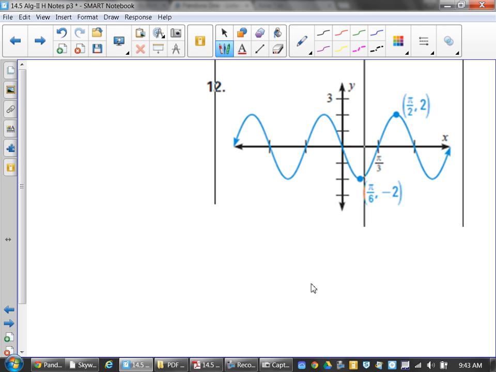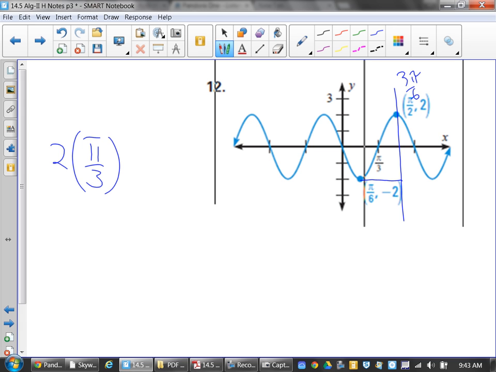So we want to figure out how far apart is 1/6 from 1/2. Pi over 6 and pi over 2. So I'm going to change pi over 2 into 3 pi over 6. 3 pi over 6 minus pi over 6 is? Very good. So the distance between those two is pi over 3, and then I double it to get the period.